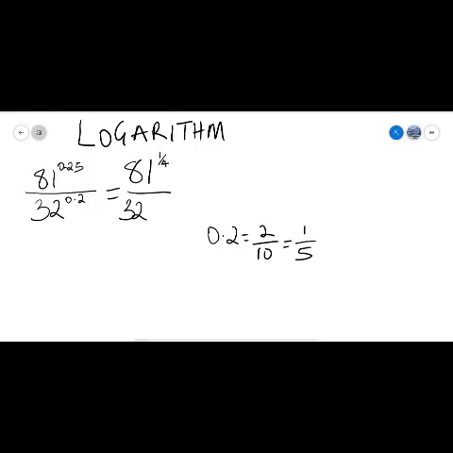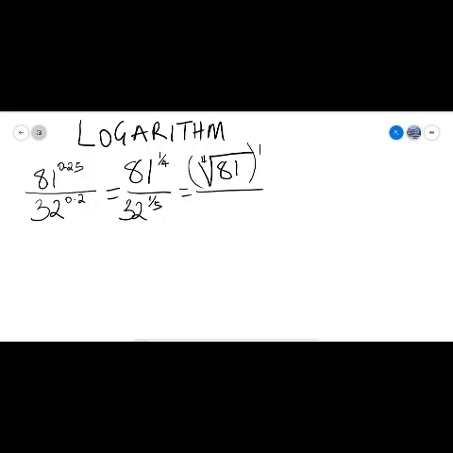So this is equivalent to 32 raised to the power of 1 over 5. Okay, now solving separately, by our fractional power law, we're going to have the 4th root of 81 raised to the power of 1, and for 32, the 5th root raised to the power of 1.